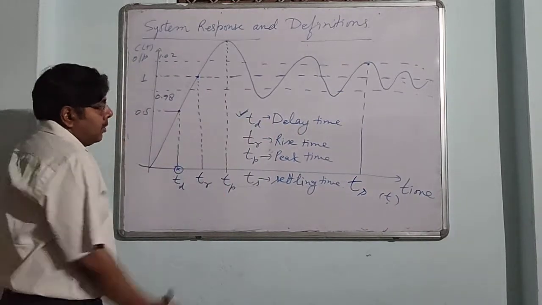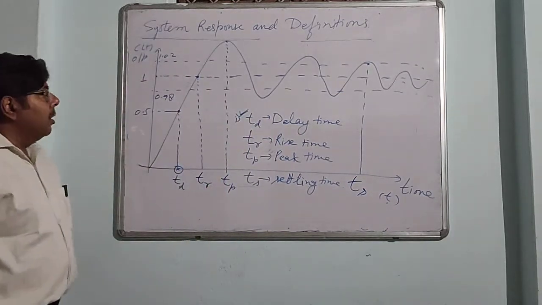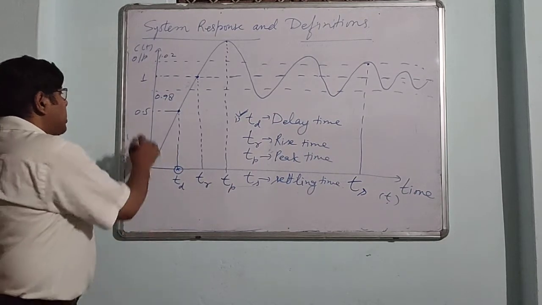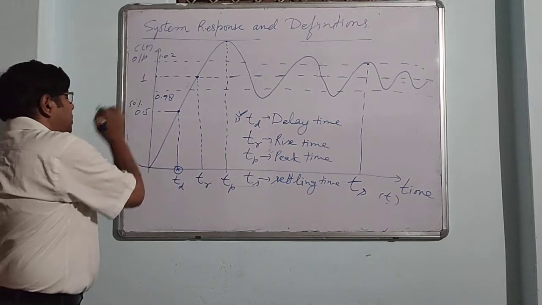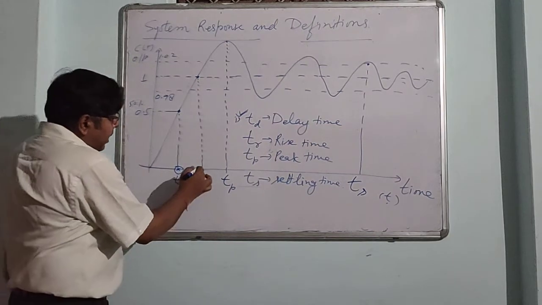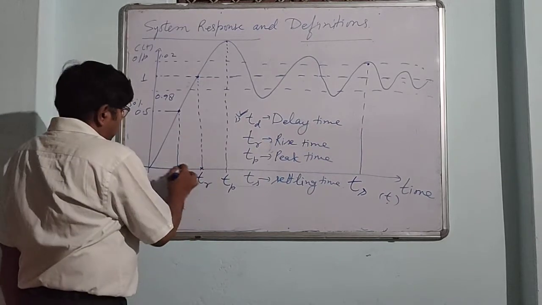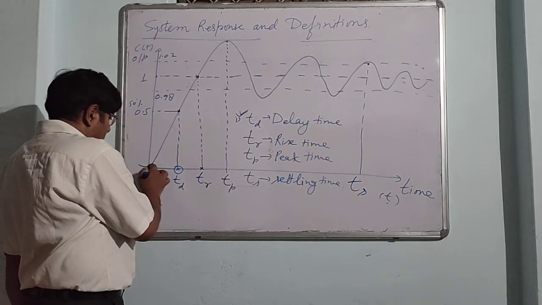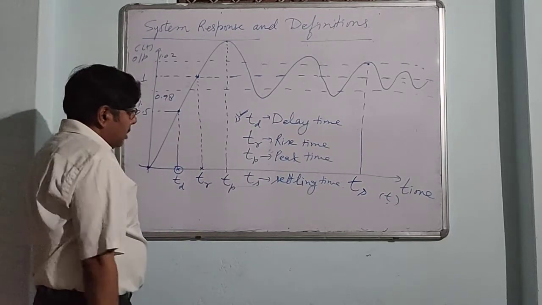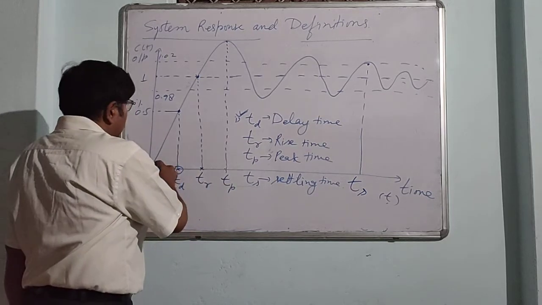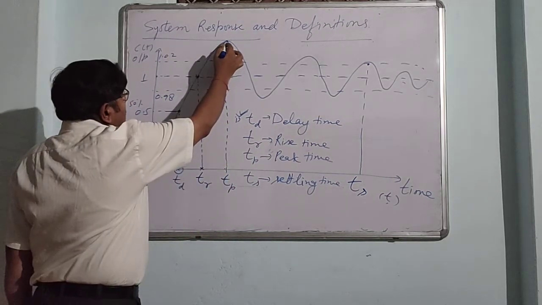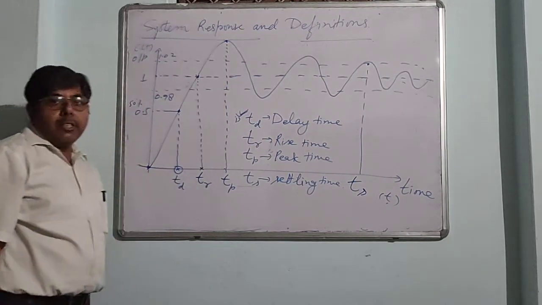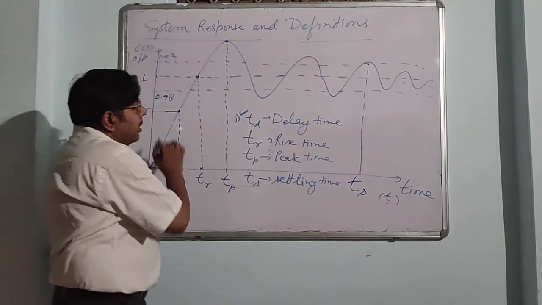This is the first definition. Delay time is the time required to reach 50% of the final value. And rise time is the time required to reach from 0 to 100%. And peak time is the time to reach the maximum or peak of the value for the first time.